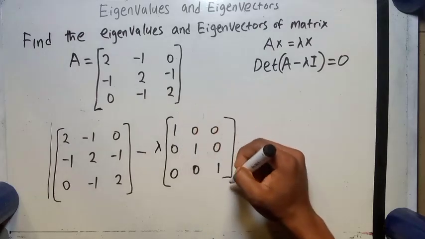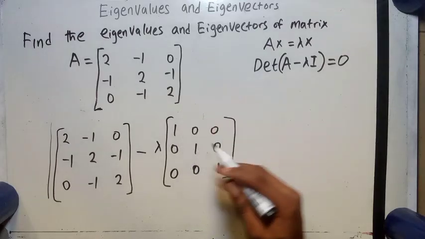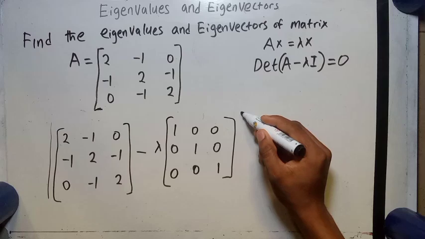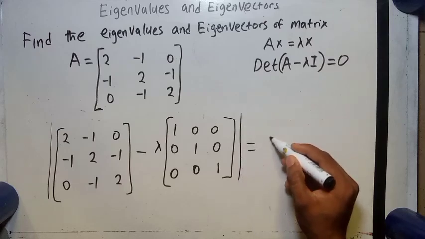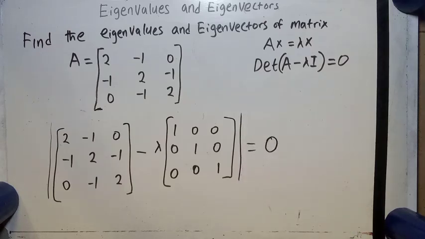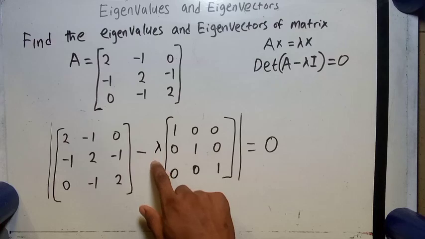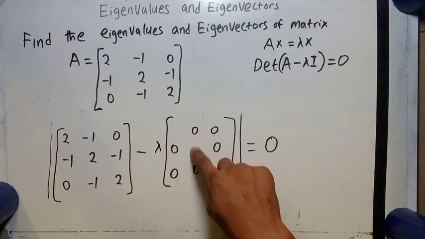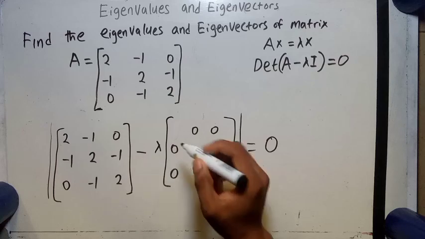Remember, in the identity matrix only the diagonal has 1, and the other part is just 0. Now we want to find the determinant of this. If we multiply lambda into this, our 1 will become lambda.